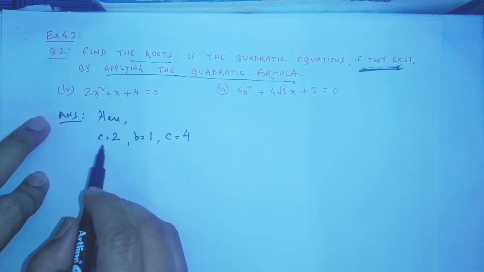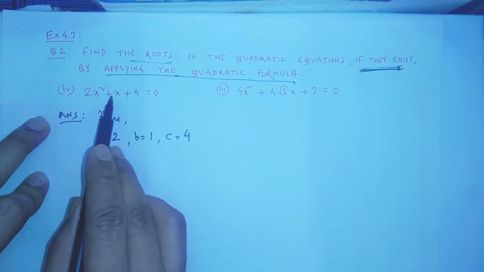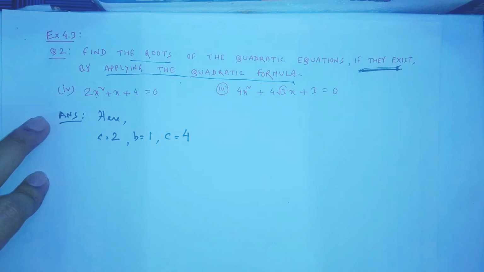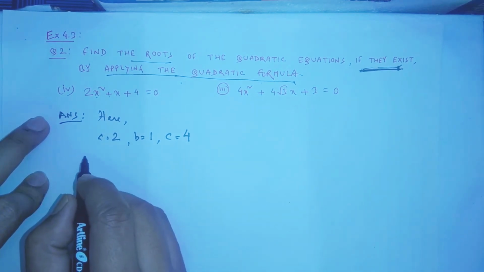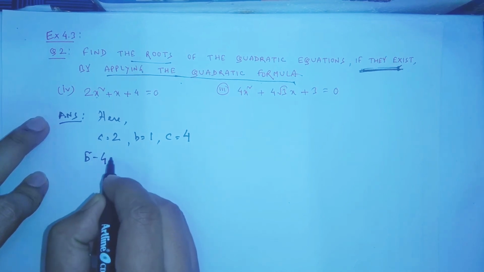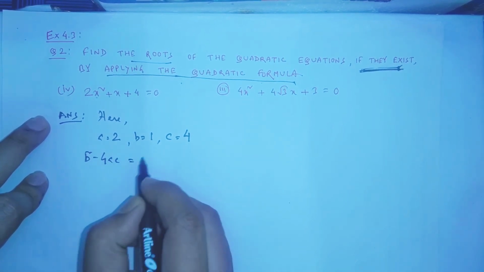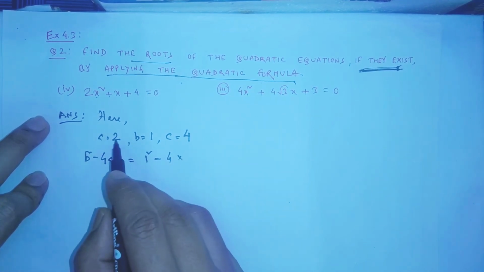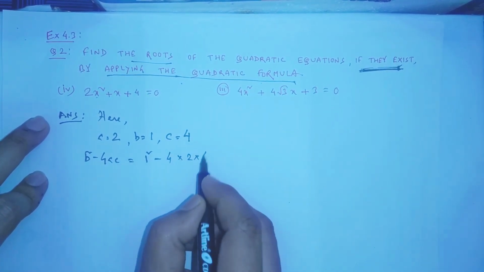We have to check whether the roots exist or not. For that, first of all, we will find b square minus 4ac, which is 1 square minus 4 into 2 into 4.